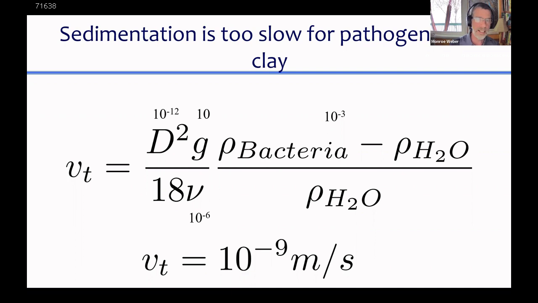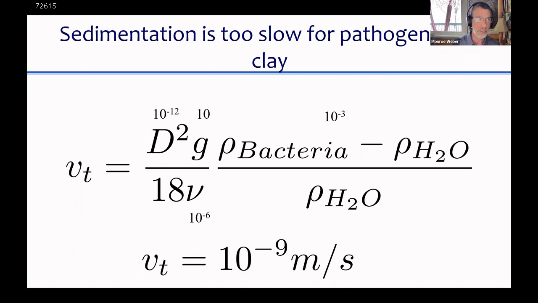So when you square that, you get 10 to the minus 12. G is about 10. The density of a bacteria cell is close to 1,001 kilograms per meter cubed, and the density of water is 1,000 kilograms per meter cubed. And so you end up with that whole term, rho bacteria minus rho water over rho water, being 10 to the minus 3.